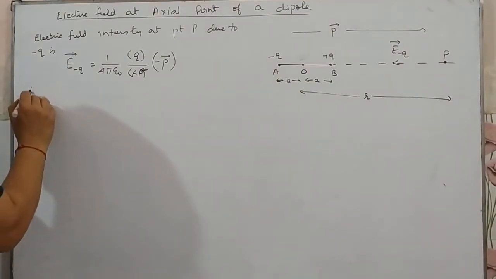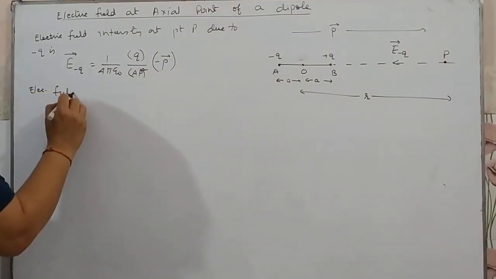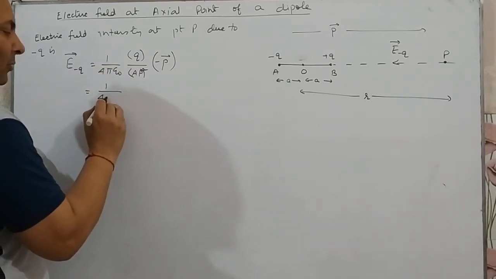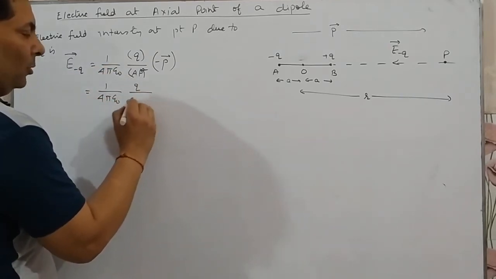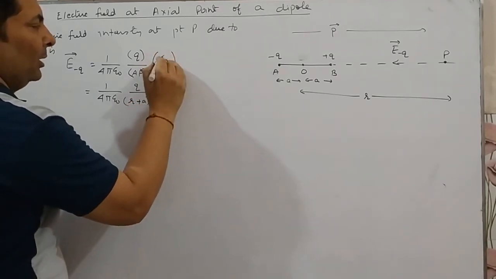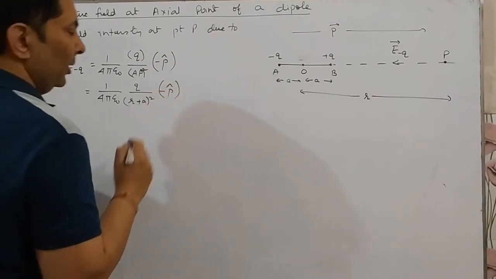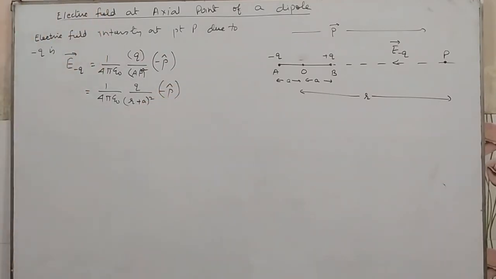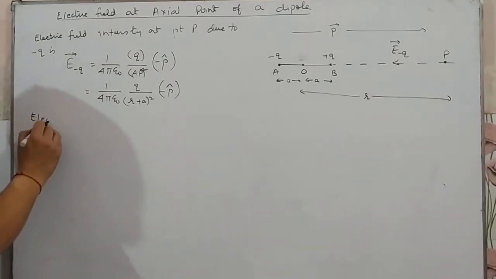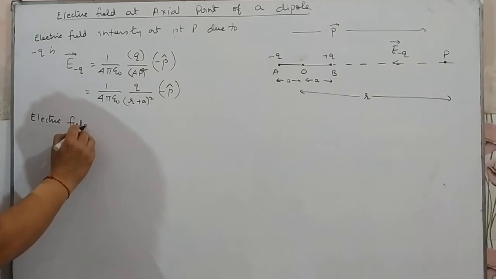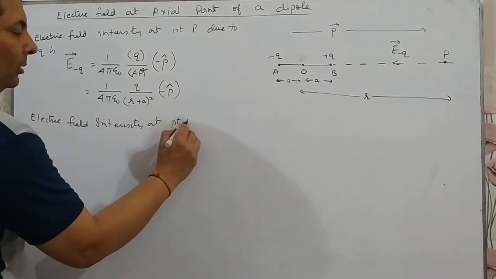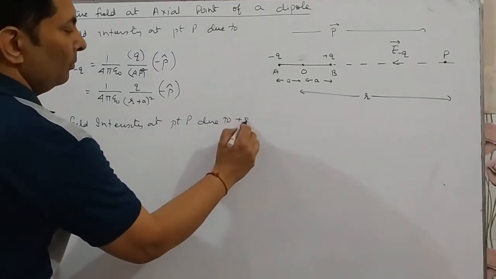Similarly, we can write the electric field. So this is 1 upon 4 pi epsilon naught, q upon (r plus a) square, in the direction of minus P. For the sake of direction we take this as minus P. Similarly, next is the electric field intensity at point P due to plus q charge.